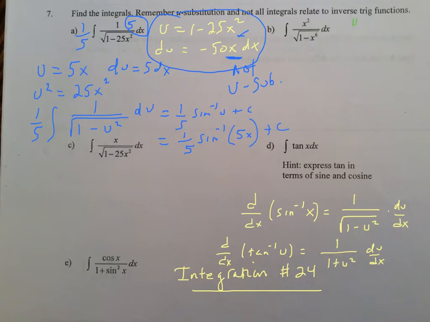So if I have U to be 1 minus x to the 6th, then du would have to be negative 6x to the 5th dx. Well, again, that's a problem because I don't have an x to the 5th, I just have an x to the 2nd. So I'm not going to be able to find what a typical U substitution would be. So this is not going to work again.